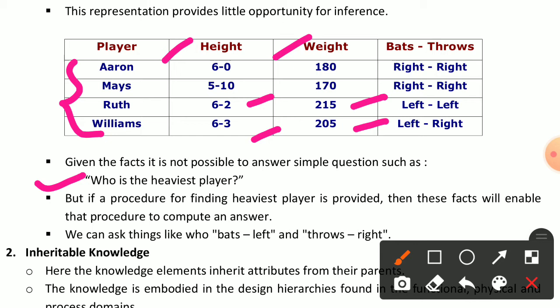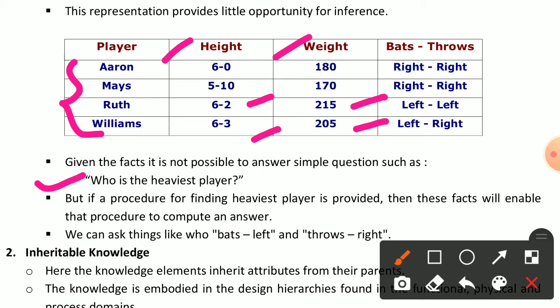But if a procedure for finding the heaviest player is provided, then these facts will enable that procedure to compute an answer. Now we can apply some procedure and then find out which player is heaviest.